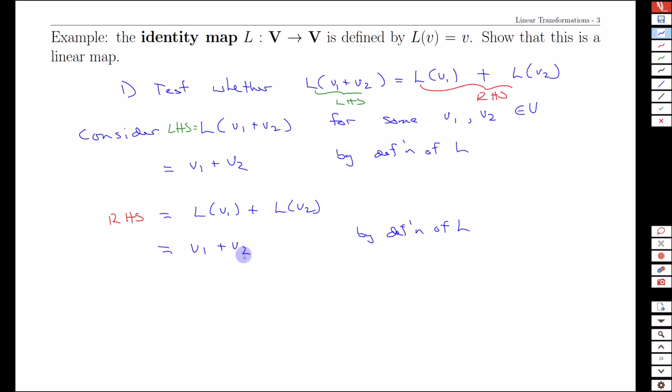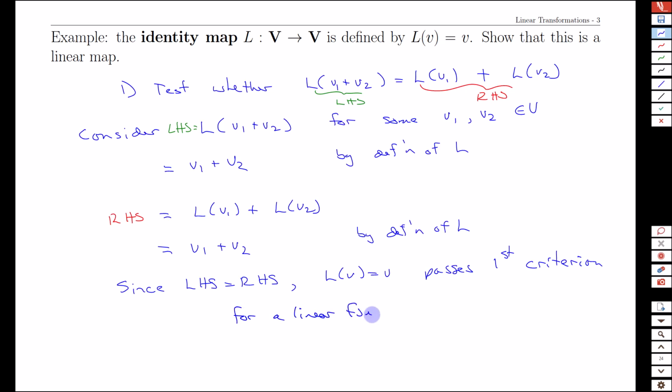And so, since those two things, the left-hand side equals the right-hand side, L of v equals v passes the first criterion for a linear function. That's probably a few more words than we'd usually write once we've done a few more of these. Usually once we see that these two quantities are the same, we're done.